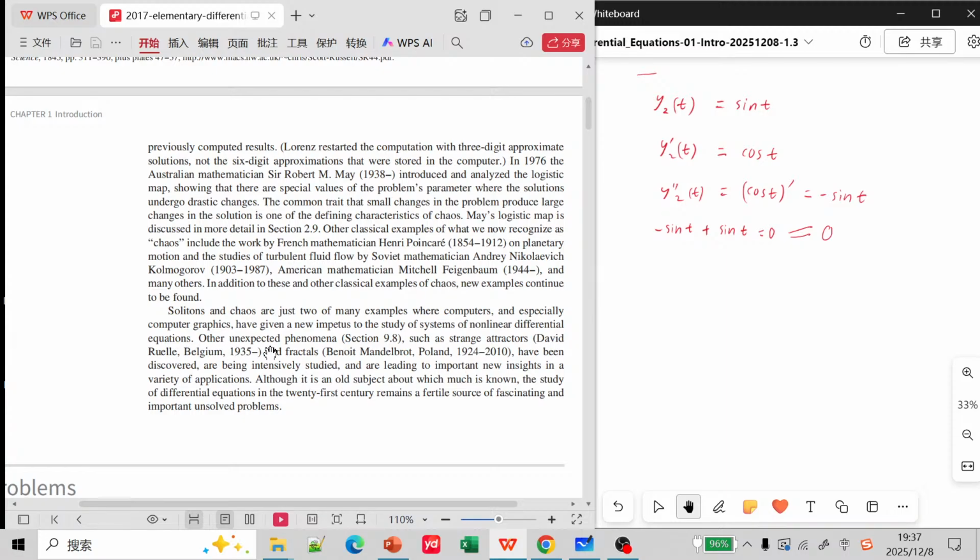Other unexpected phenomena, such as strange attractors and fractals, have been discovered, are being intensively studied, and are leading to important new insights in a variety of applications. Although it is an old subject about which much is known, the study of differential equations in the 21st century remains a fertile source of fascinating and important unsolved problems.